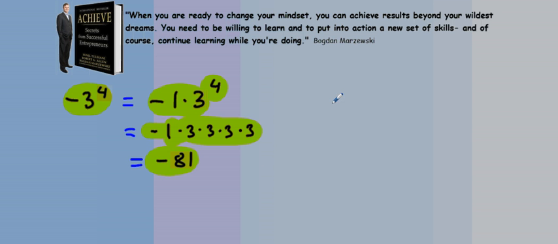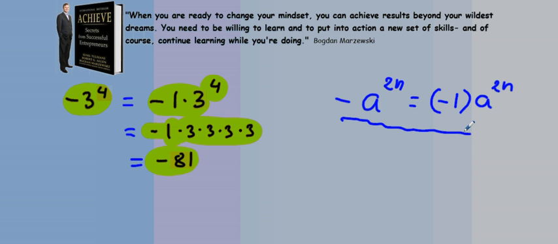When you have a negative sign and a base a to even exponent, then this is just equivalent to negative 1 times positive base to that exponent. So I hope this makes sense, and this will be part of your knowledge from now on when you're working with powers with brackets or without brackets.